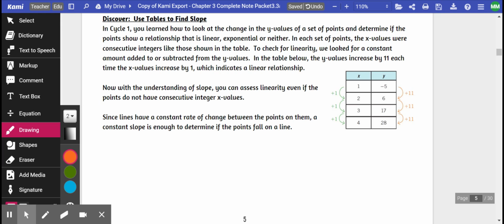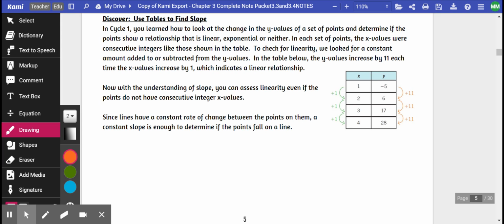So in chapter 1, you learned how to look at the change in the y values of a set of points and determine if the points show a relationship that's linear, exponential, or neither. In each set of points, the x values were consecutive integers, meaning they were going up by 1.